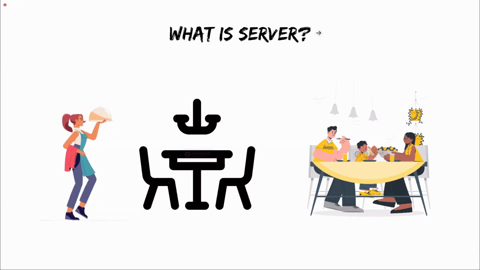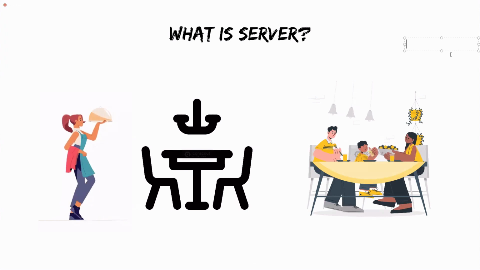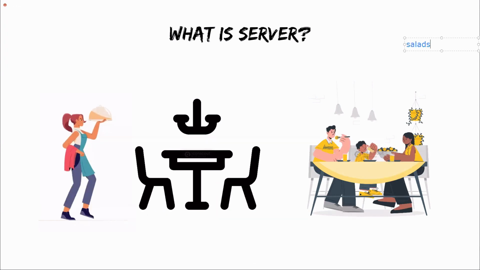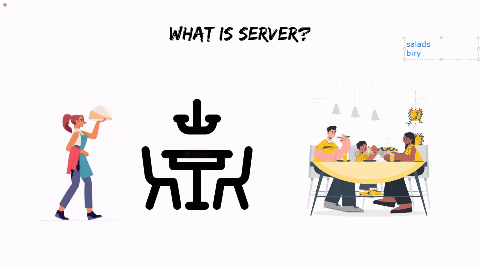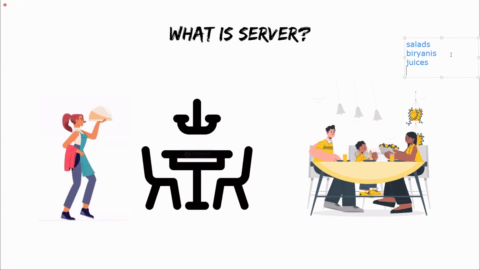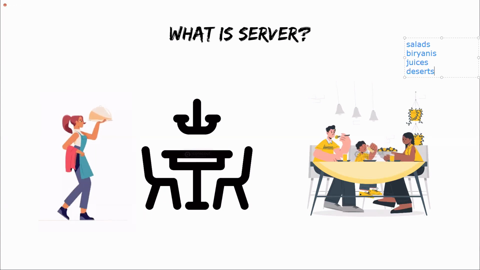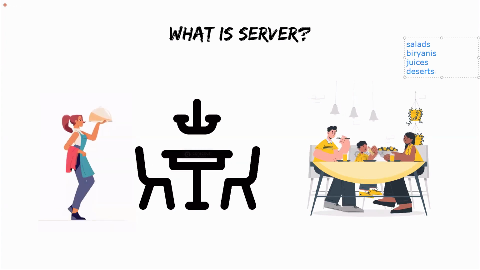We have a menu card, right? On the menu card, I saw salads and biryanis, as well as some juices and some sweet desserts. We have n number of options on the menu card.